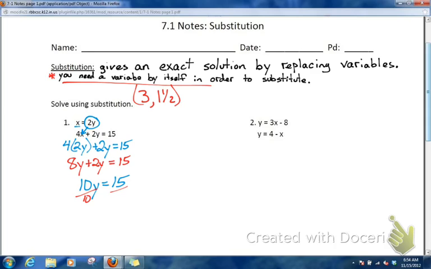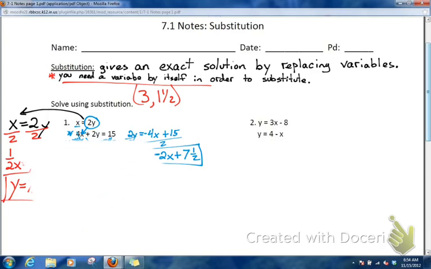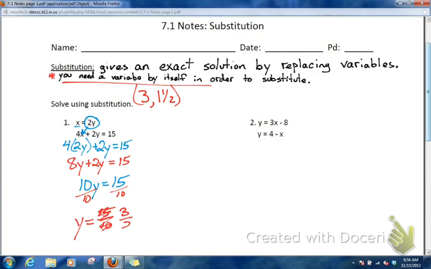Last step is to divide by 10, so I get y equals 15 over 10, which we know reduces to 3 over 2, which we know is 1.5. So we did get 1.5 for our y, which is good because that's what we got the other way we did the problem.